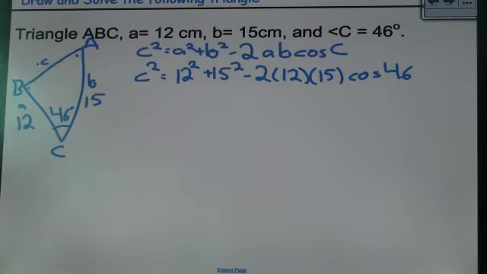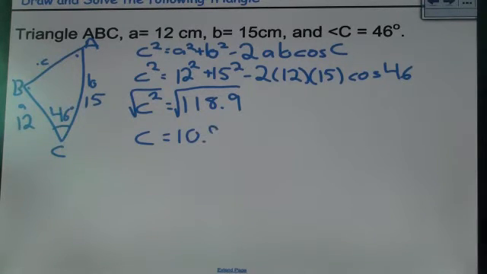I plug that all through my calculator. I get C squared equal to 118.9. I remember to take the square root of both sides to get rid of that squared. And I get 10.9, which I will round to 11 centimeters. So now I have solved for side C. I've got one of my three things done. Next, I'm going to solve for angle B.